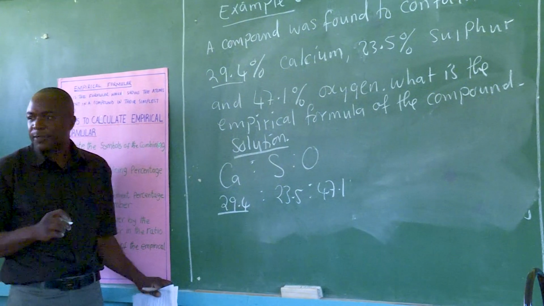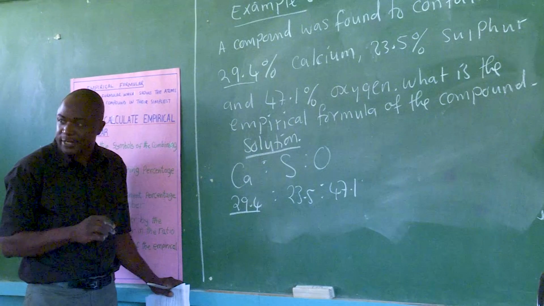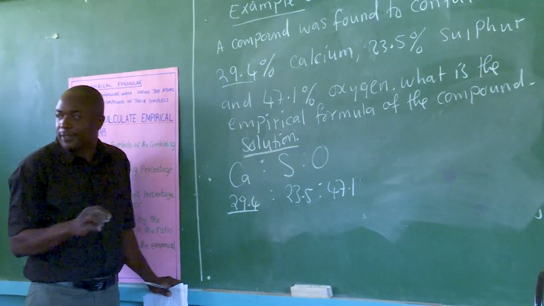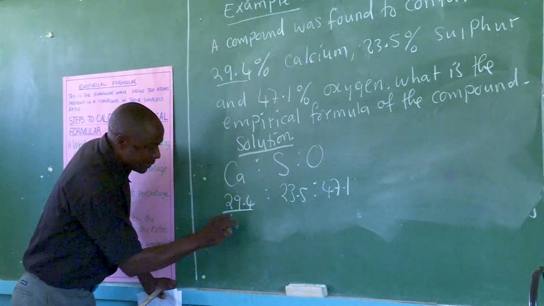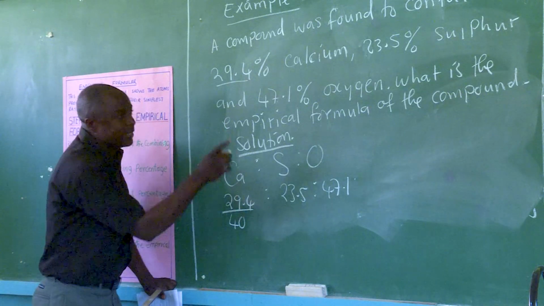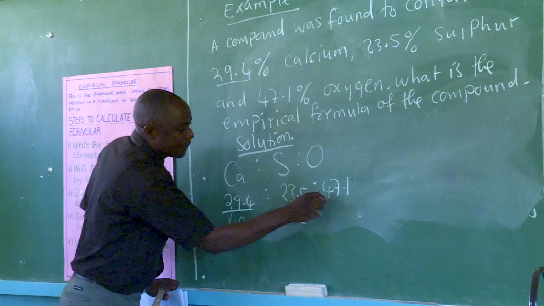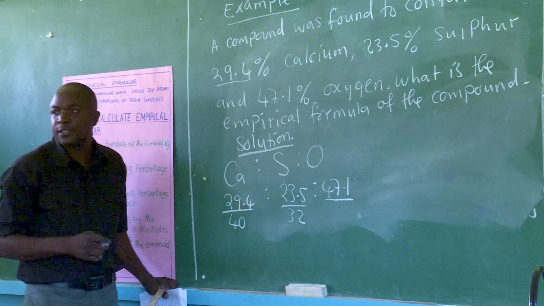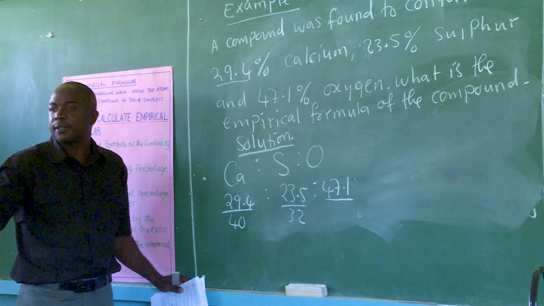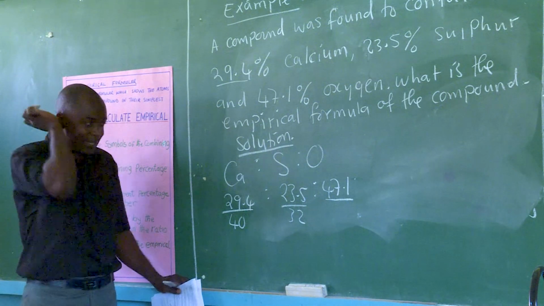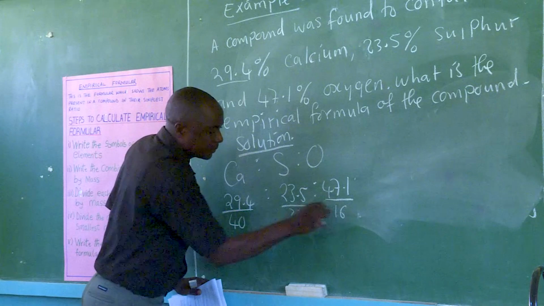On the periodic table, the mass number for calcium is what? Yes, Mwape? 40. Calcium is 40. Then sulfur, we have already seen it, is 32. Then oxygen is what? Yes, 16.